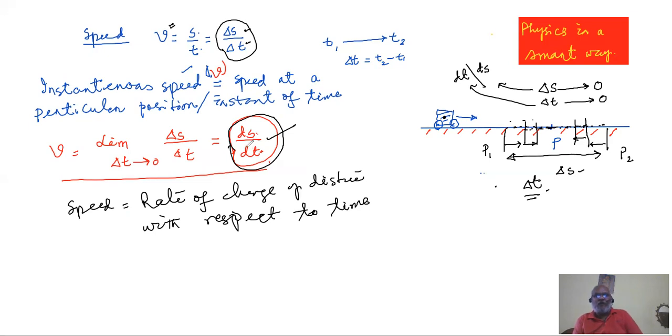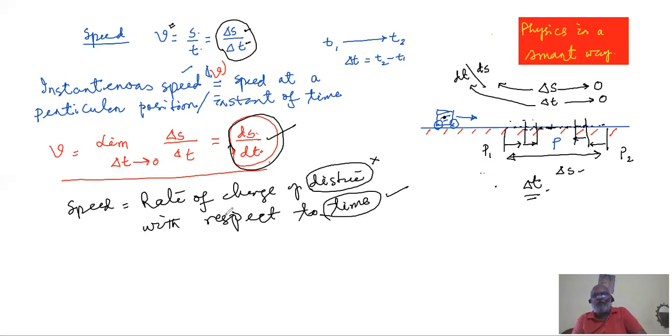In fact, the derivative is not only useful in finding the instantaneous speed or instantaneous velocities, it can help us in finding out the rate of change of many things with respect to many other things if this quantity is dependent on this quantity.